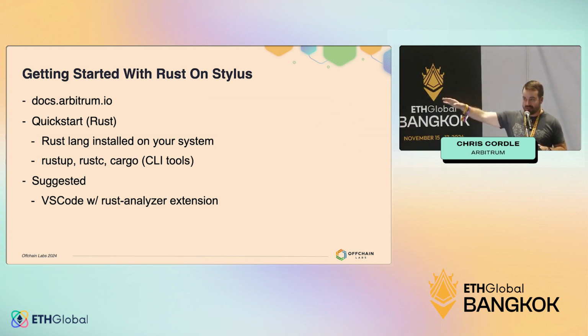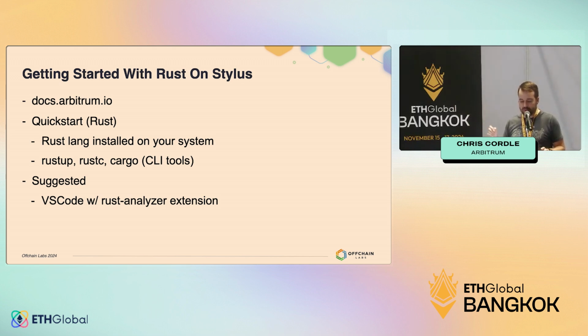To get started, your primary resource for working with Stylus will be docs.arbitrum.io. On the sidebar, there's a section for writing Stylus Rust smart contracts.